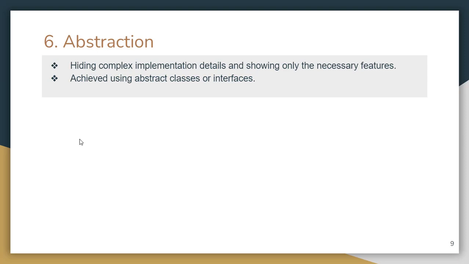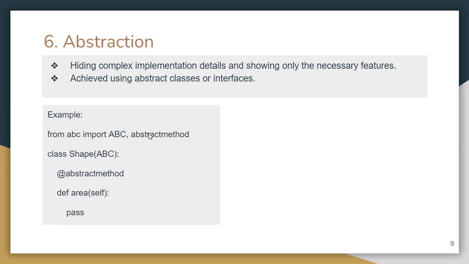That means we only reveal the necessary or required part of a program to the user and hide the complex part using an abstract class or interface. Let's see an example.